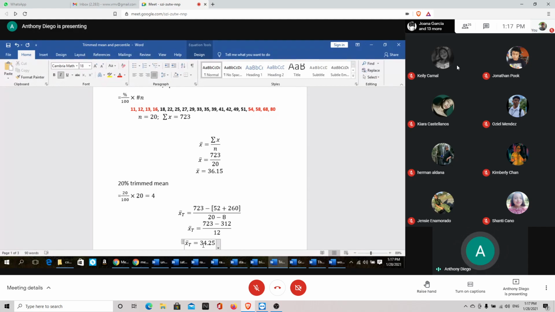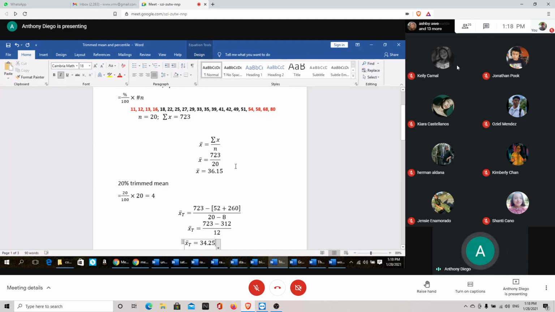So that is how we find the trim mean. First of all, you have to see the number of values you are going to cut out by taking the percentage they ask you over 100 times the number of observations. In this case, you notice it was 4. We trim out 4 values from either end, and then we go to the actual mean, the ratio, and we add the 4 numbers we cut off from the left-hand side, and also the numbers we cut off on the right-hand side.